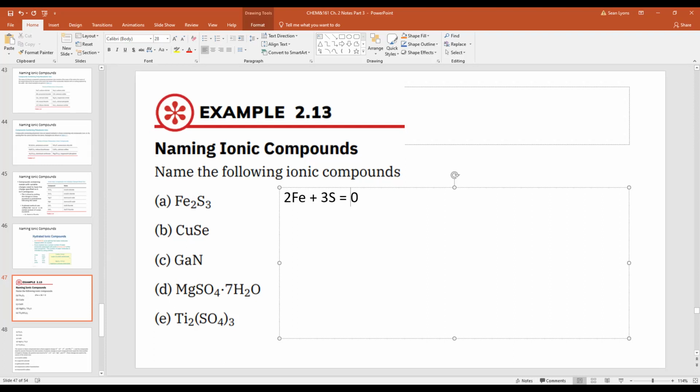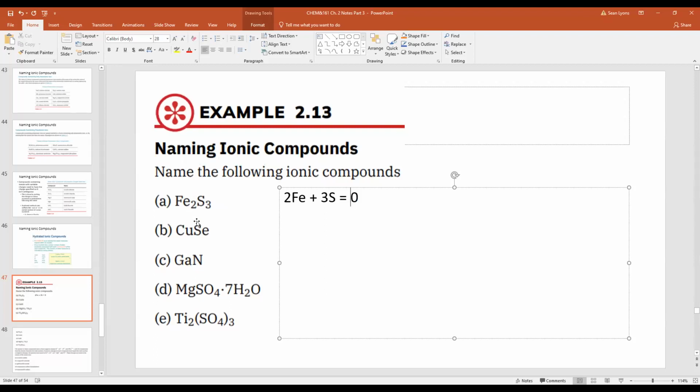Because if we look at it, we know it's going to be iron sulfide, or the next one, copper selenide, gallium nitride, and with the SO4, that's a polyatomic ion, so that'll be magnesium sulfate. And then we've got the hydrate there, so heptahydrate, or titanium sulfate. But with everything except magnesium, we need the Roman numerals here. Magnesium is just group 2, so we always know it's going to be a positive 2 charge, so we don't need to specify it.